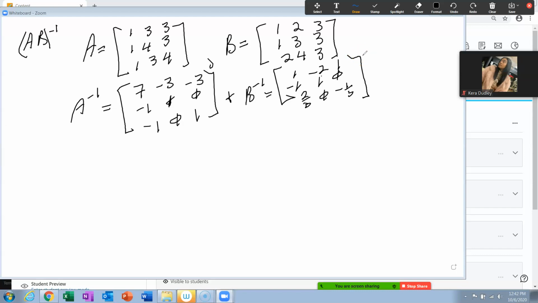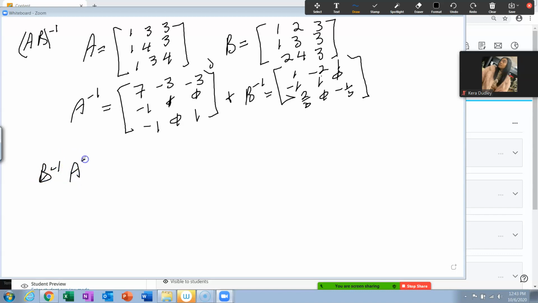Now we want to find AB inverse, knowing that A inverse is that, B inverse is that. Well, basically all we have to do is multiply. To get this, we do B inverse, A inverse.